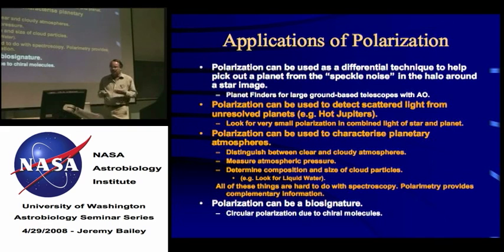Polarimetry provides information that's very complementary to what you get out of spectroscopy. It's also, in fact, possible to use polarization itself as a biosignature. You can, in principle, detect circular polarization effects due to light scattering off chiral molecules, for example in leaves or cyanobacteria, where you have chlorophyll.